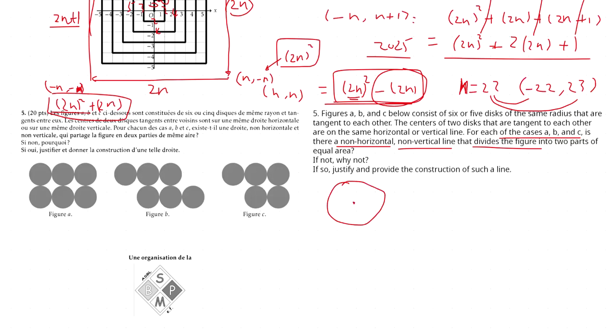So meaning that if you draw any line through the rotor center, it will always divide the circle into two halves. And the two halves are congruent, equal area, right? You can draw as many lines as you want, an infinite number of such lines. So that's the rotor center, right?